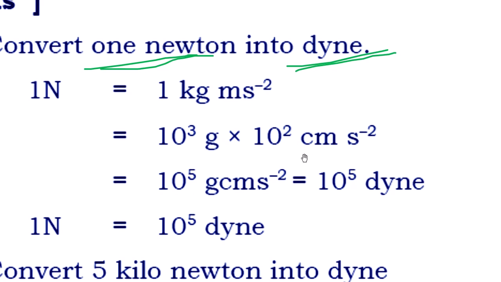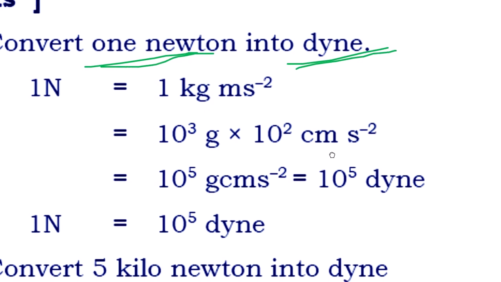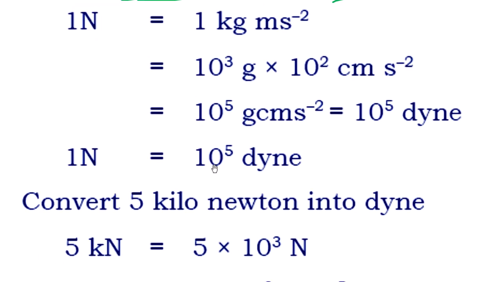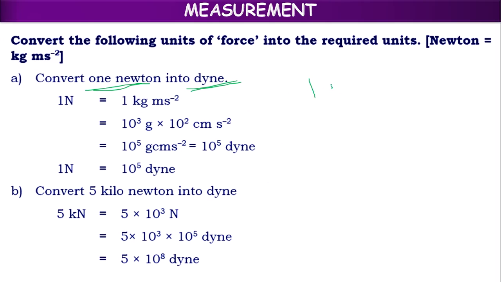So 3 plus 2, 5, 10 power 5 gram centimeter s to the power of minus 2. So this is equal to dyne. 1 Newton equals 10 power 5 dyne. If we know one relation, we can get so many relations. So 1 dyne equals the reverse, 10 power minus 5 newtons.